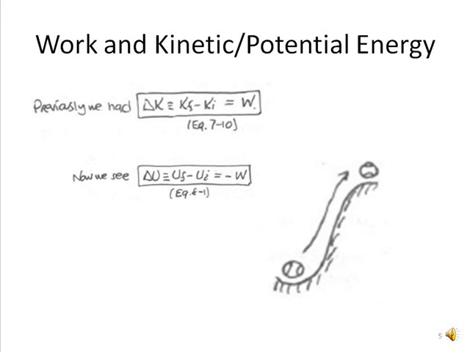Since ma is equal to the force, we can replace it, and that just leaves us with the force times at squared. But notice that the displacement x of t minus x naught is equal to 1/2 at squared. Remember, we already said that the initial velocity v0 is equal to 0.